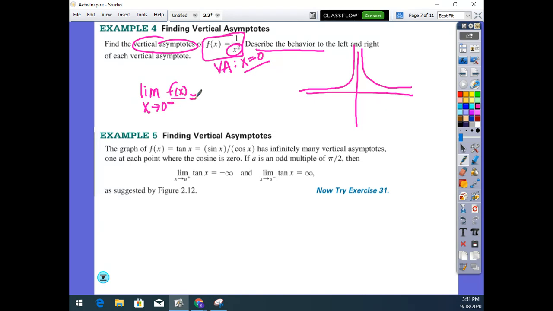What's the limit? It's going up to infinity. Then I would find the limit as x approaches 0 from the right. Notice they're both going up, so they both have positive infinity as their limits. I would be okay with those as descriptions of the left side of 0 and the right side of 0.